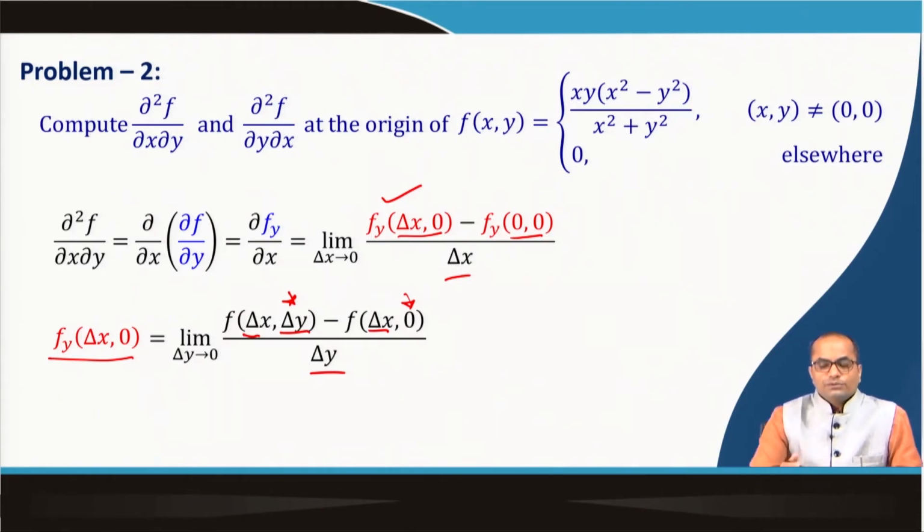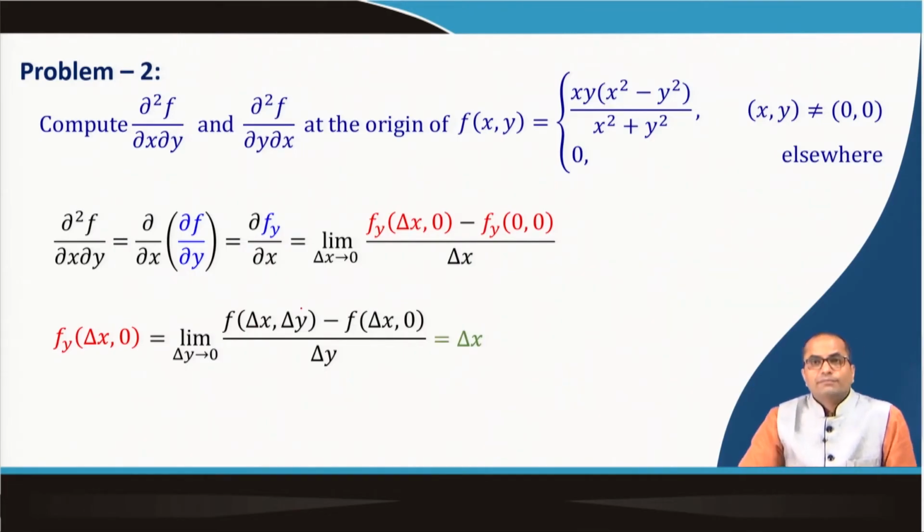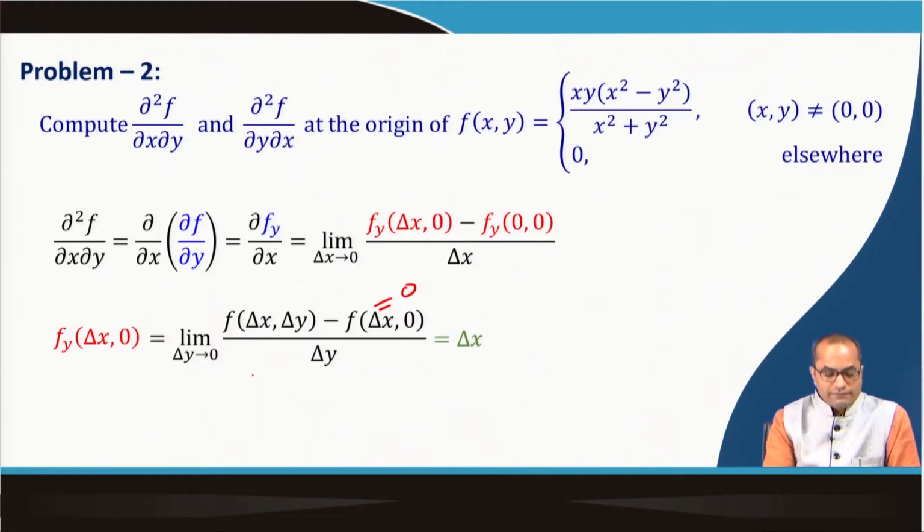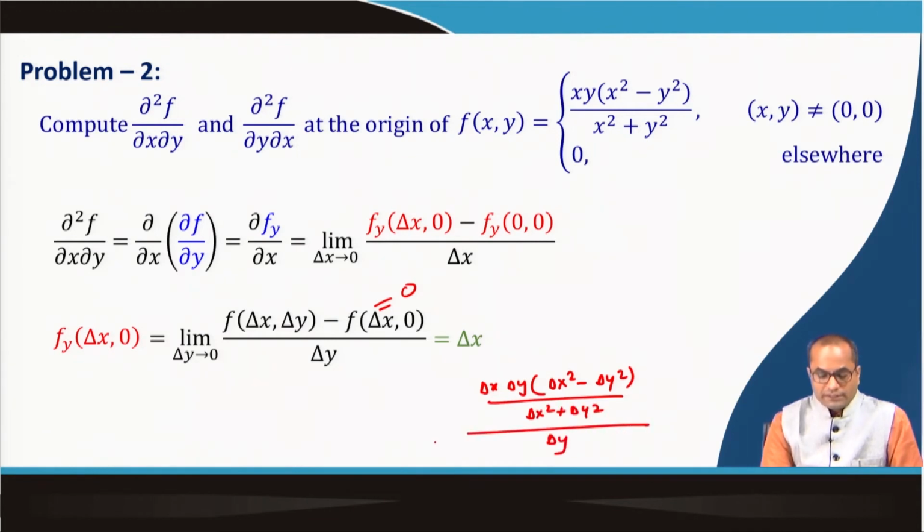When we substitute there f(Δx, Δy) minus f(Δx, 0), because this is going to be 0, at the end we have just f(Δx, Δy), which is Δx Δy times (Δx² minus Δy²) over (Δx² plus Δy²), and then in the division we have also Δy, and at the end Δy goes to 0.